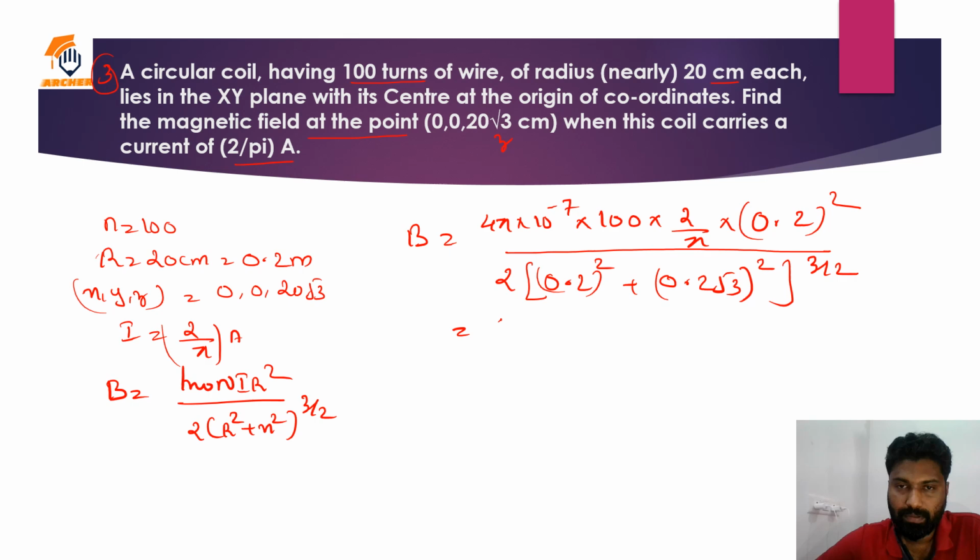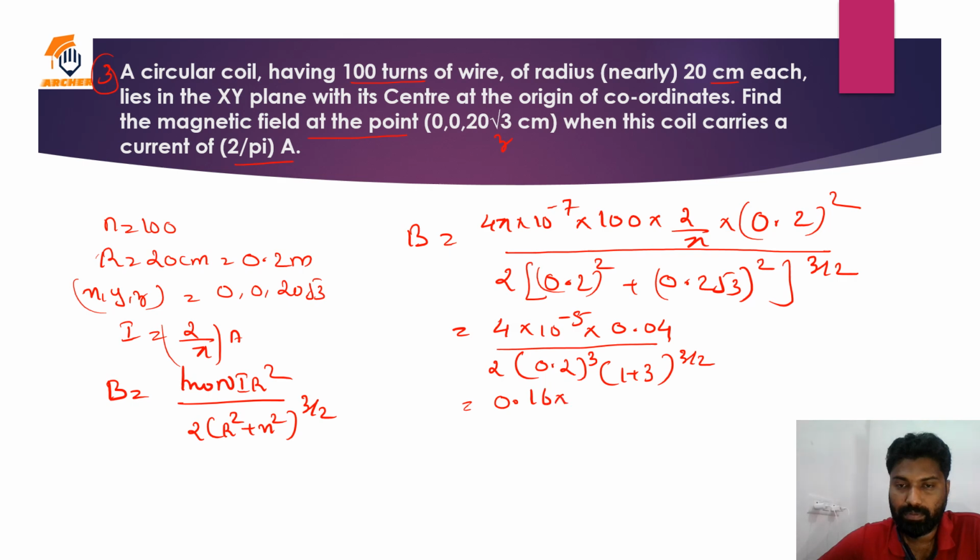So this will become 4 × 10^-5 into 0.04 divided by 2 into 0.2 cube into (1 + 3) the whole raised to 3 by 2, which is equal to 0.16 × 10^-5 divided by 2 into 0.008 into 8.